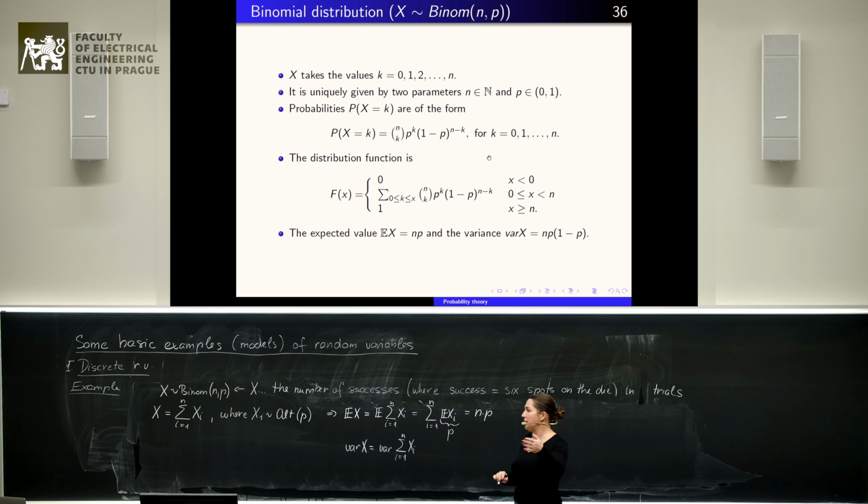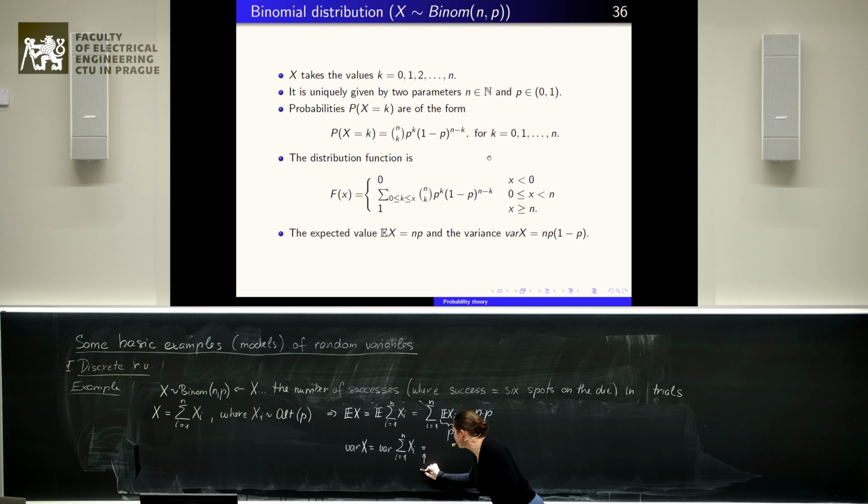And in the list of properties of variance, you can find that the sum of random variables has the variance equal to the sum of variances plus minus some covariances, which we will talk about later, which are equal to 0 when these random variables are independent, which means when the trials are independent.